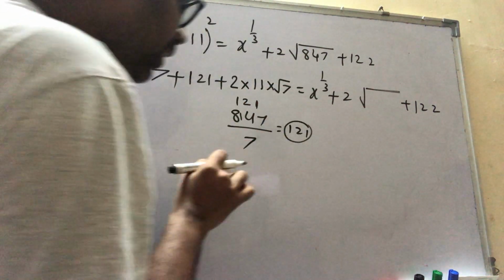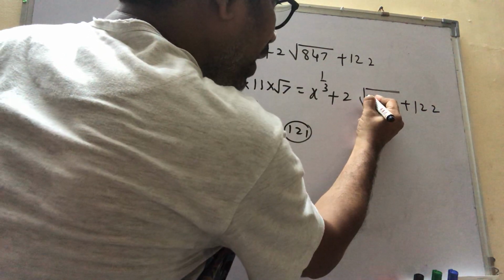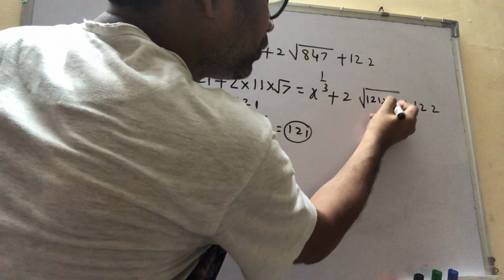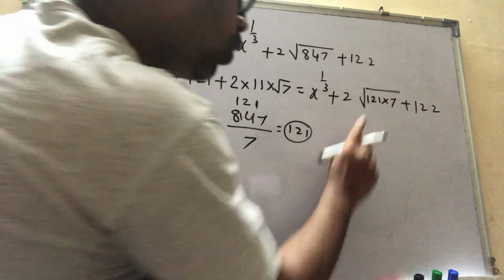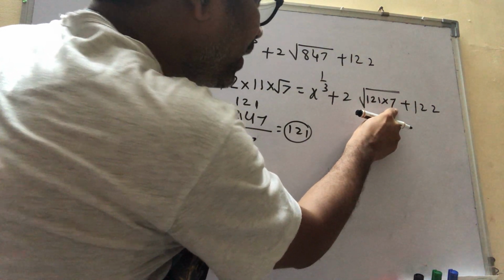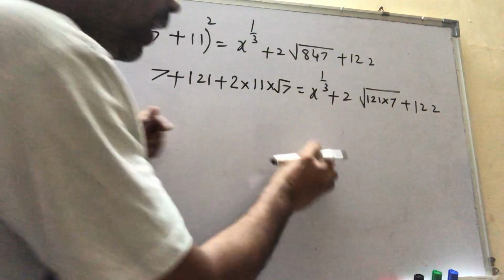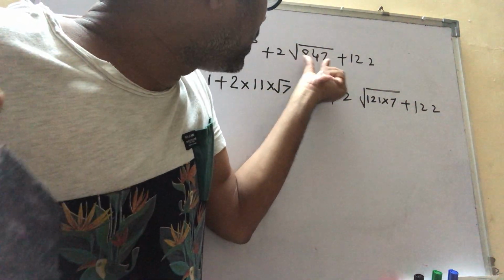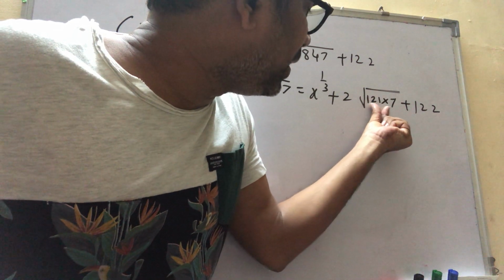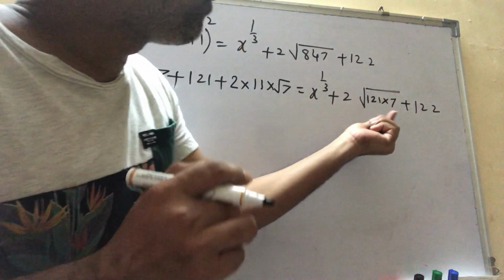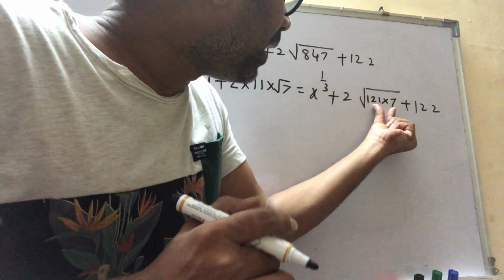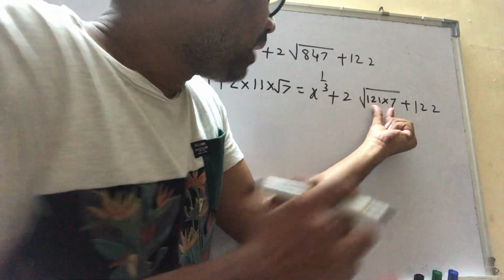So 847 is nothing but 121 into 7. Is this clear everyone? So 121 into 7 means 847. So we have split 847 into two numbers, 121 into 7.